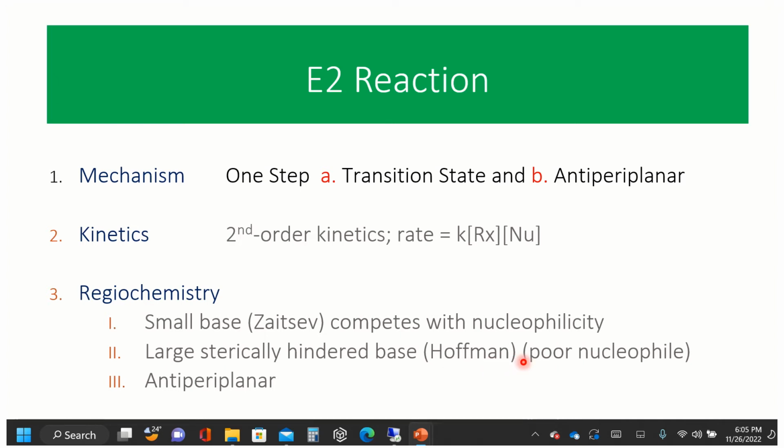i.e. we're talking about the production of alkenes, yes? And the substitution product is less likely to compete with these large bases of poor nucleophiles. The reaction of the E2 is anti-periplanar.